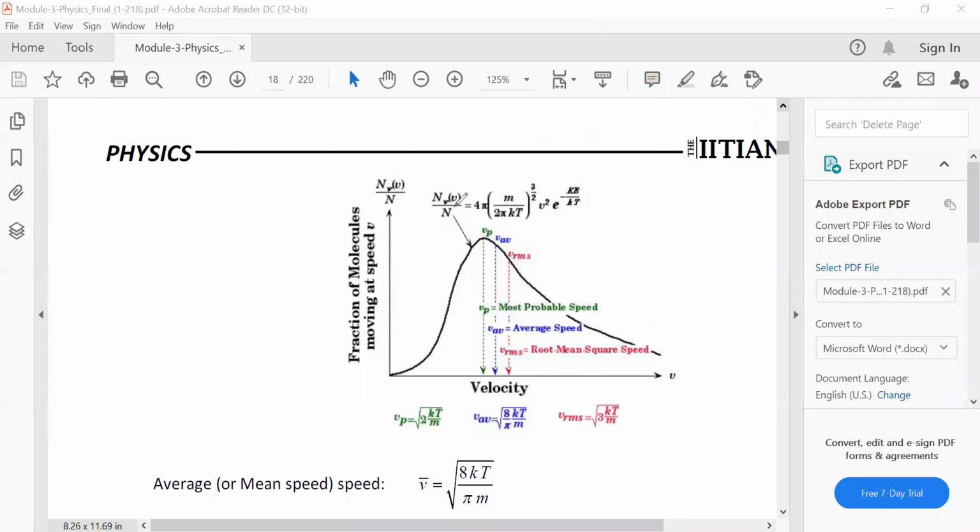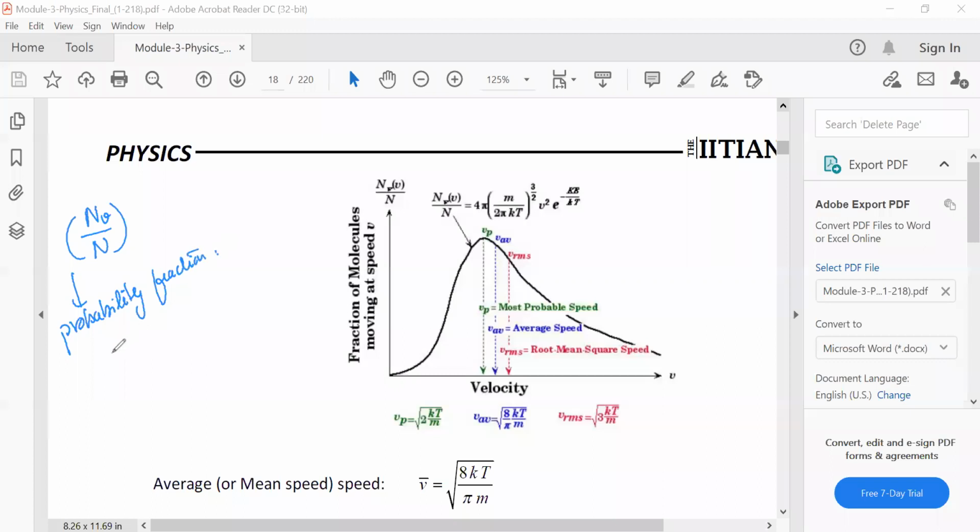So in this Maxwell distribution formula, first of all, this quantity Nv divided by N, what is this? It's a probability fraction.